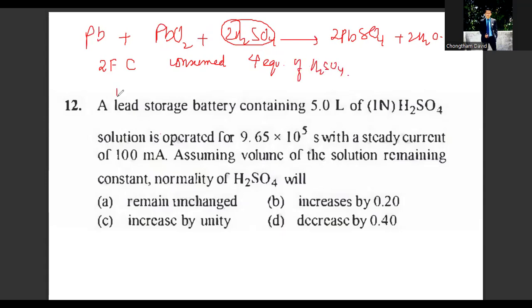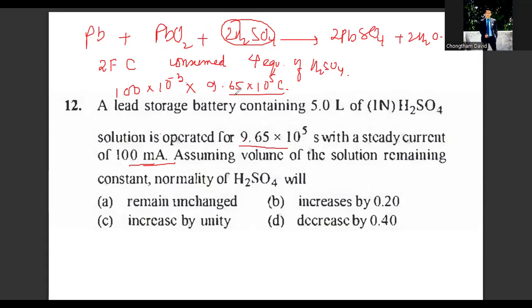and 100 milliampere is given to you. You need to multiply this with 9.65 into 10 to the power 5. I'm simplifying this Faraday's constant here. Now, you are given this much milliampere and it is operated for 9.65 into 10 to the power 5 seconds.